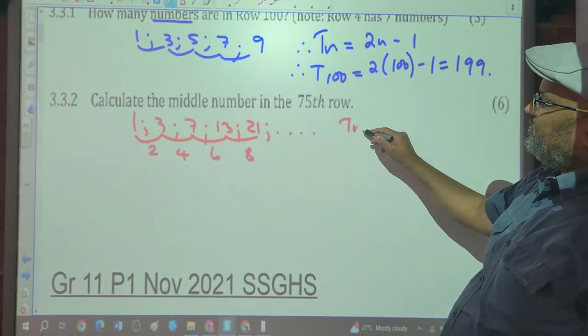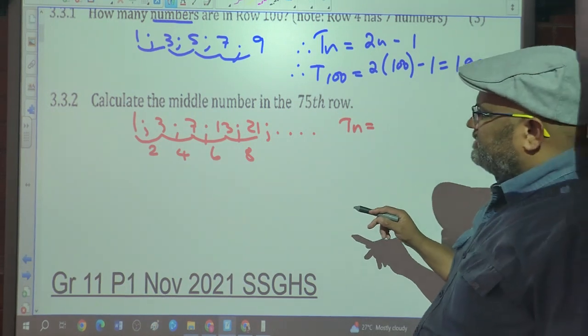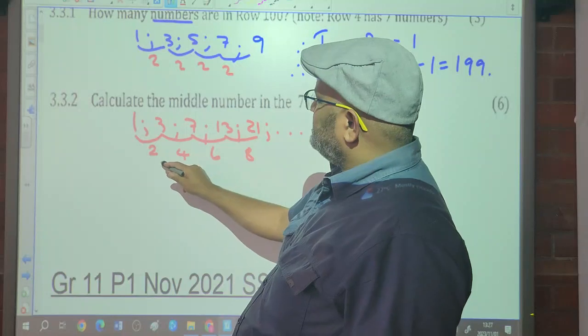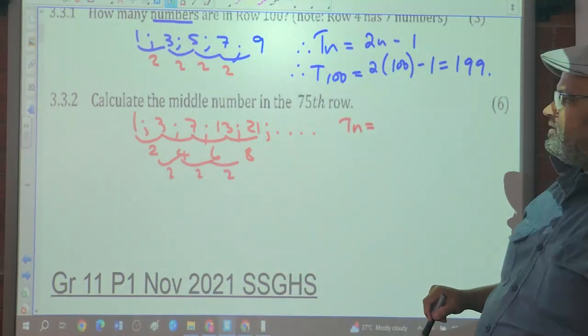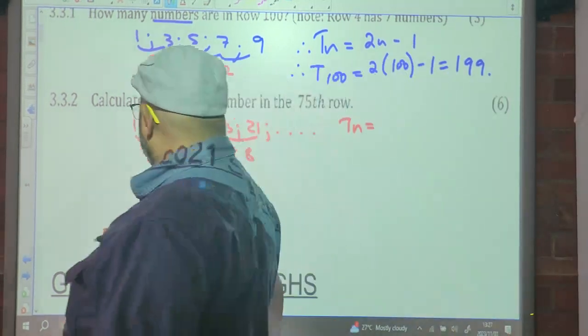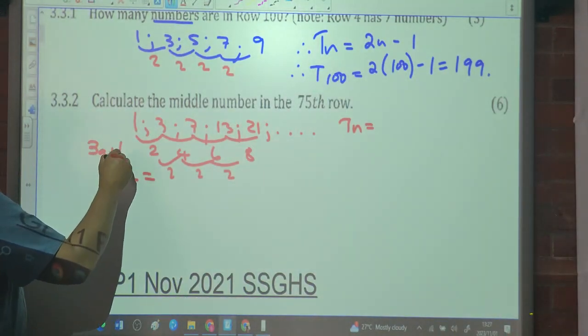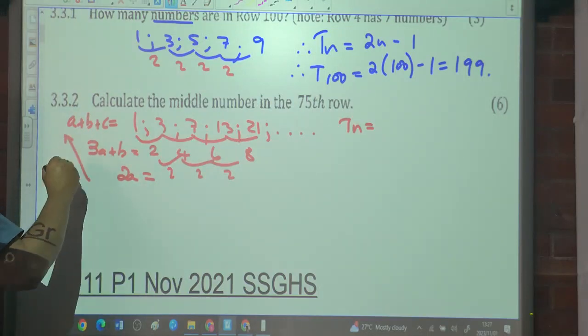So we have Tn is equal to, so in other words, this is actually a quadratic pattern here. Not so? So what do I write on the side? 2a, then 3a plus b, then a plus b plus c, from the bottom up.